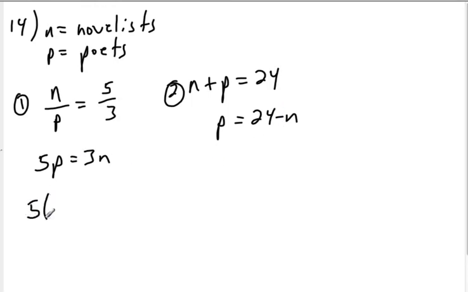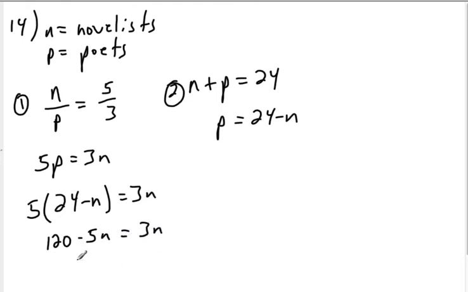So 5 times 24 minus n equals 3n. I'm going to distribute, so I get 120 minus 5n equals 3n. I'm going to get the n's to the same side, so I'm going to add 5n to both sides. That leaves me with 8n. I'm going to divide by 8, and I get, let's see, I think 15.